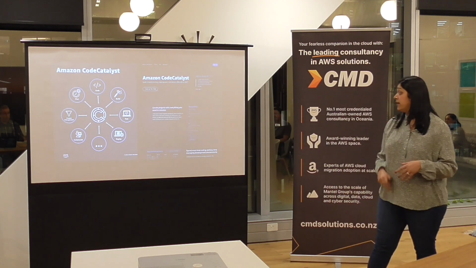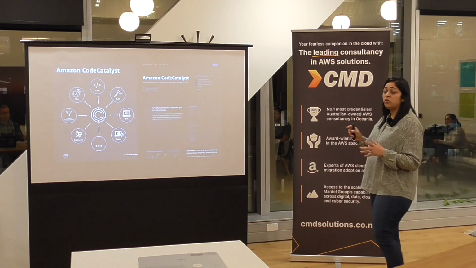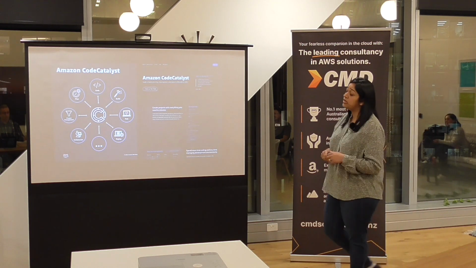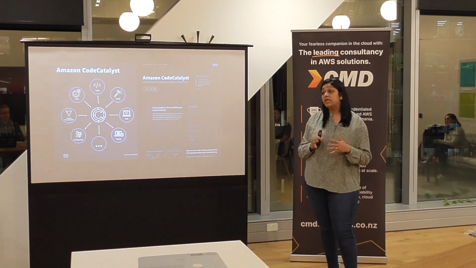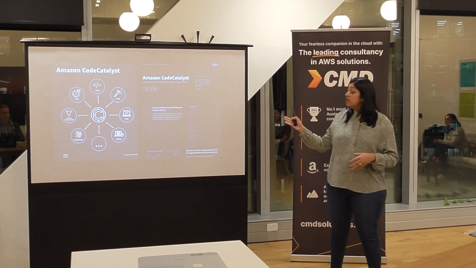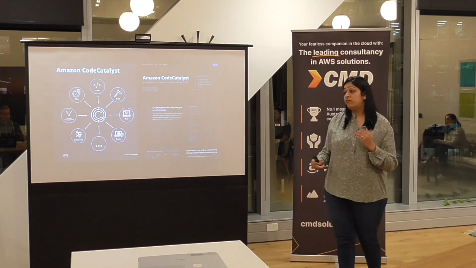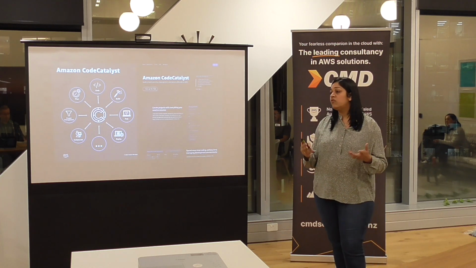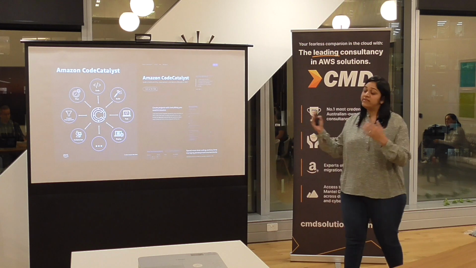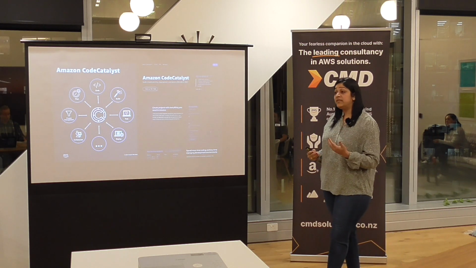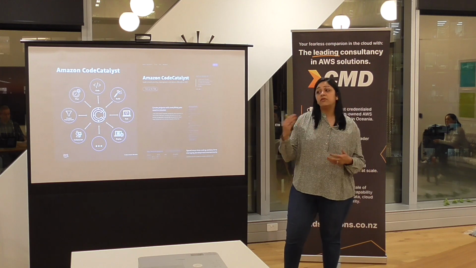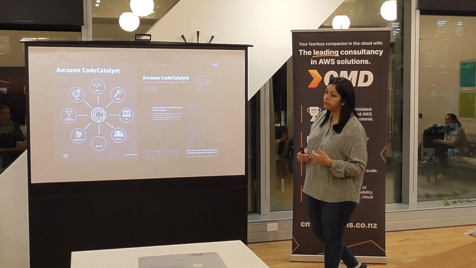In the demo today, we will be using a modern 3-tier web application architecture. But if you are running a single page application, it gives you flexibility to select the framework, like Angular, Vue, or React. Or if you are using the CDK, it gives you the flexibility to use Python or TypeScript.